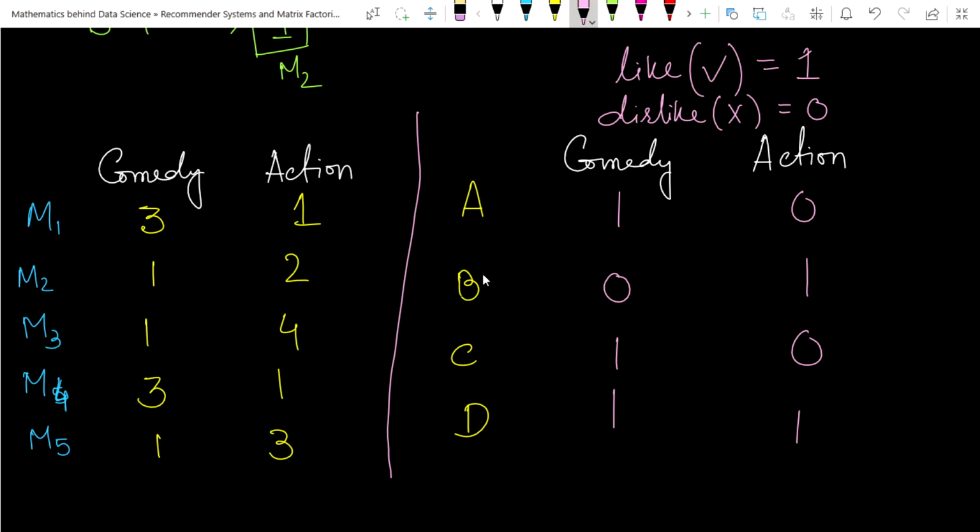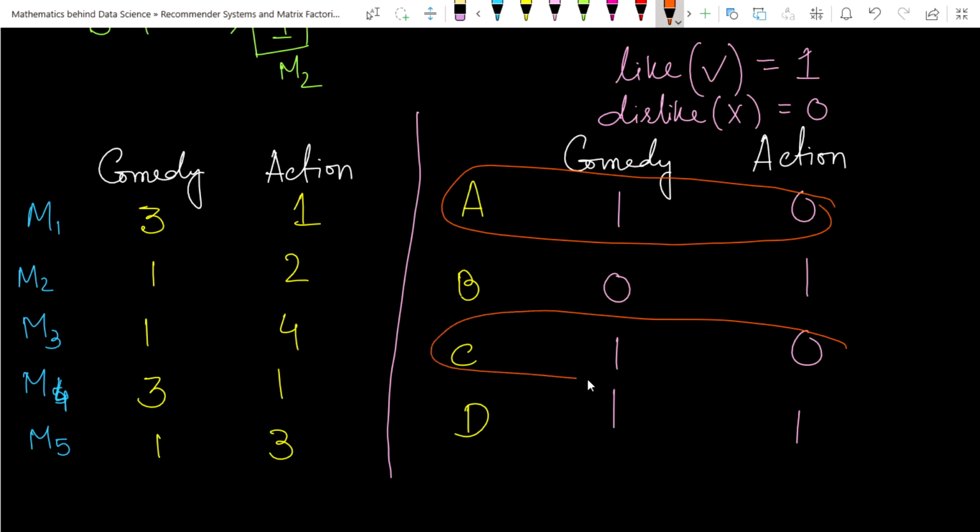So in this situation, just see it. In these situations, the choices of users A and C are the same. Just see it.